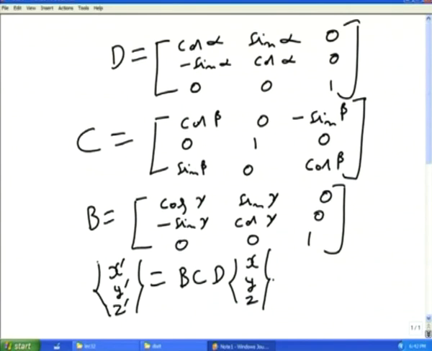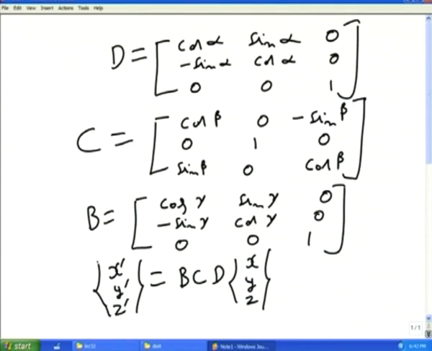So like that we can find the relations, relating one axis system with the other axis system. So this way it can be done.